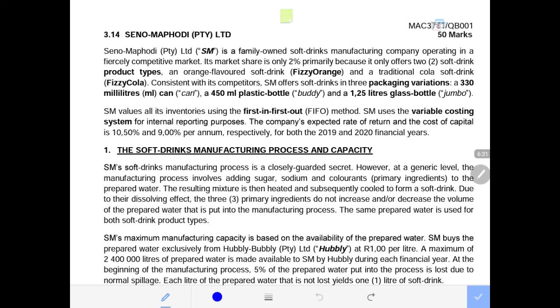So they have these 3 product variations for each of the 2 product types. Remember, they have 2 types of product: the Fizzy Orange, and the second one is the Fizzy Cola. The Fizzy Orange has 3 product variations under it. That means they have a Fizzy Orange 330 milliliter can, a Fizzy Orange 450 plastic bottle, and a Fizzy Orange 1.25 glass bottle.